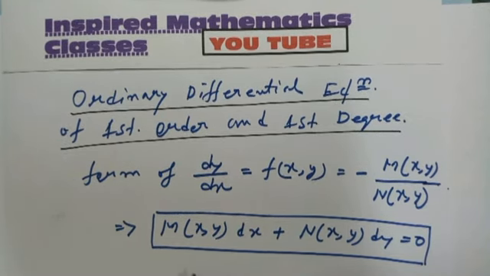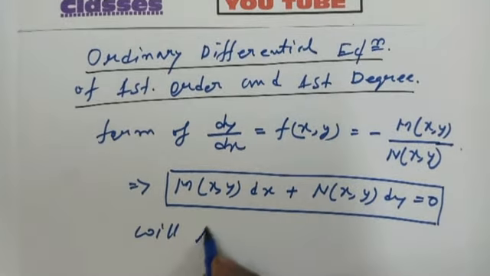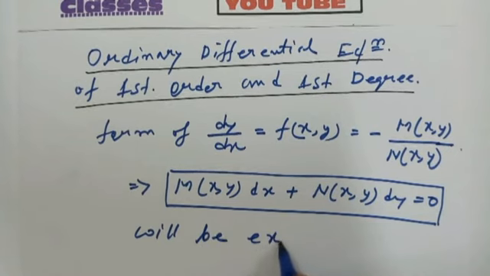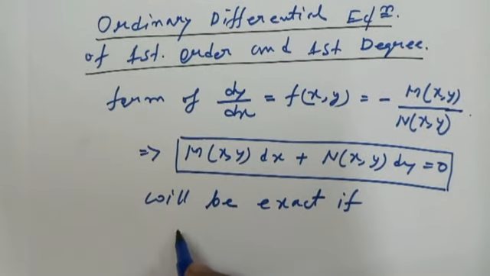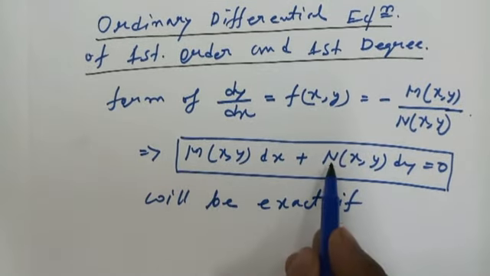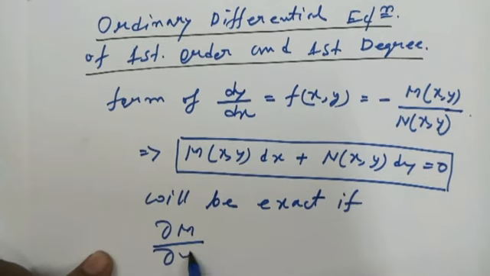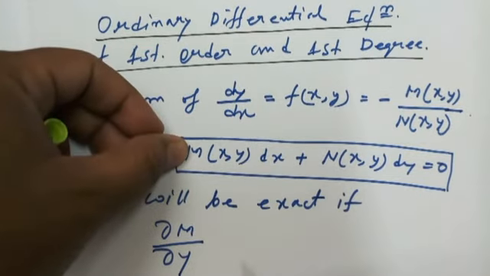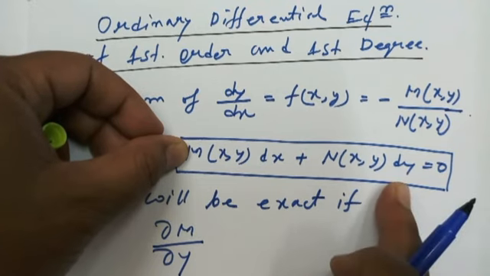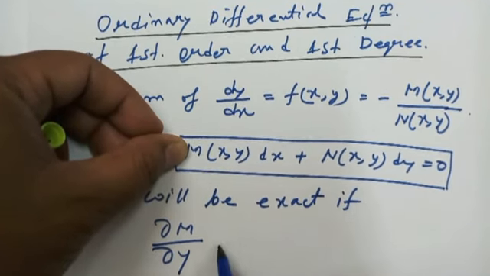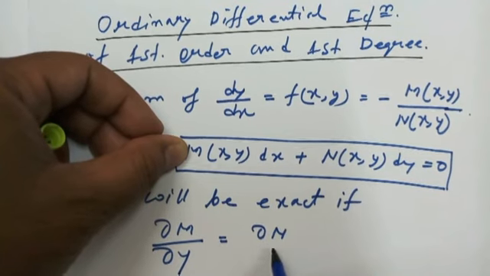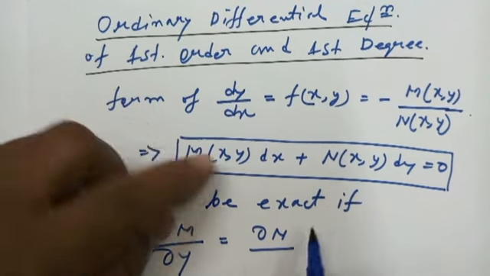This differential equation will be exact if the partial derivative of M with respect to y, students remember, with respect to y, equals the partial derivative of N with respect to x.